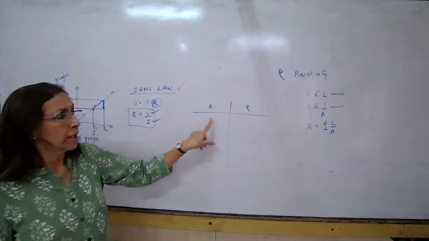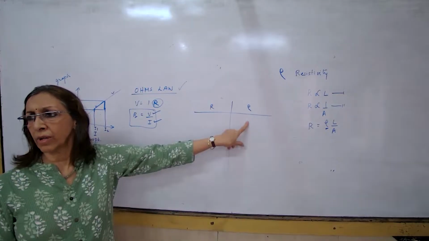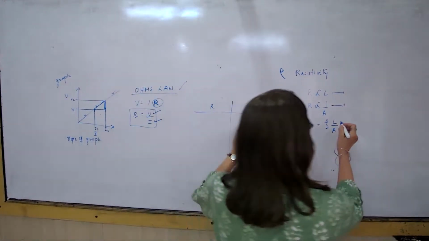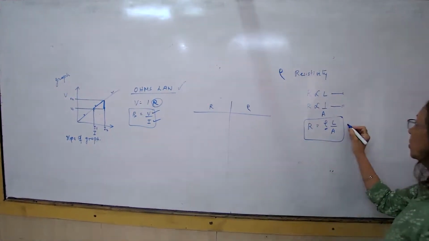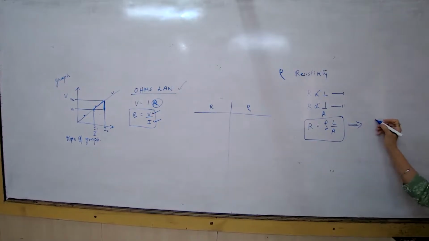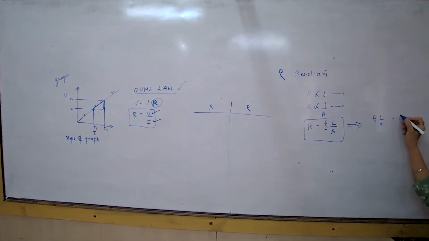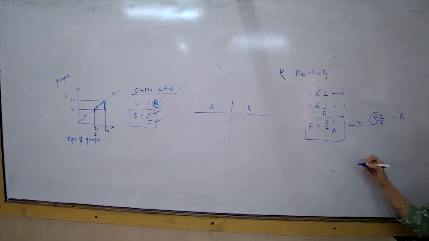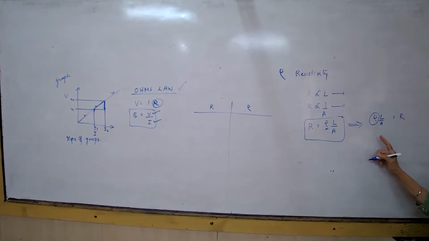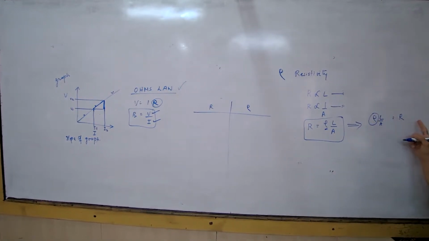Okay. Now for resistivity, how will you write the definition? Look at this formula: rho L upon A is equal to R. I want to find out what is rho, so L upon A will come to this side.